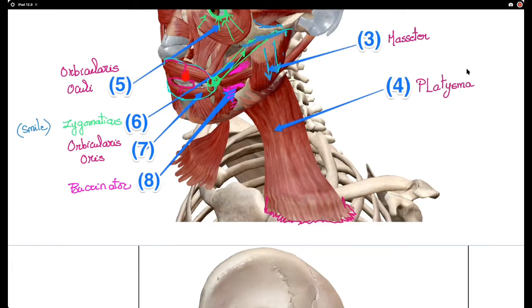So when I reduce the diameter of this circular muscle, the orbicularis oris, what I will be doing is a closure of the oral orifice, the opening of the mouth. This is one thing. The other thing is that you're going to be pursing your lips. That's why we call this the kissing muscle.